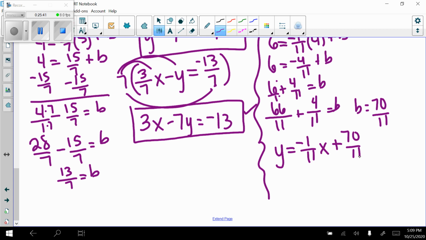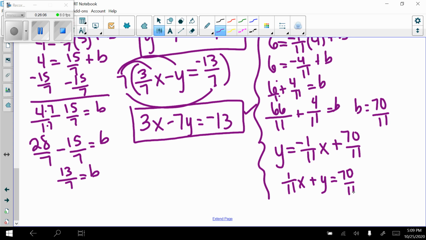Up to this point, we've been trading places with the b and the y, but notice this time my x is negative. I don't want a negative x. So I'm going to move my x to the other side and make it say 1/11 x plus y equals 70/11. Now again, I'm not in standard form yet because I have that fraction in front of x.